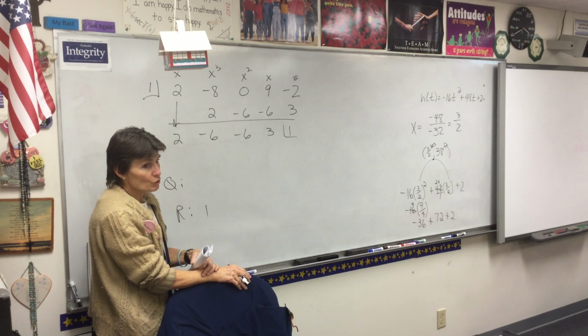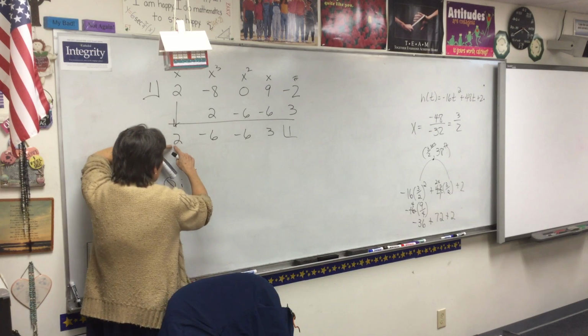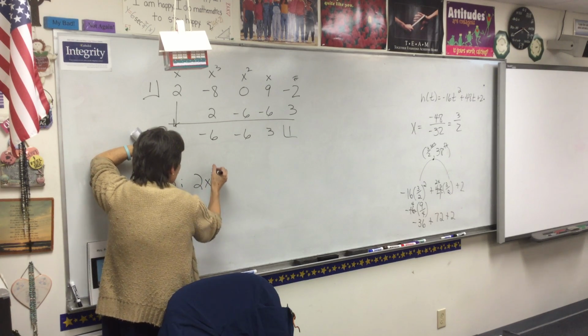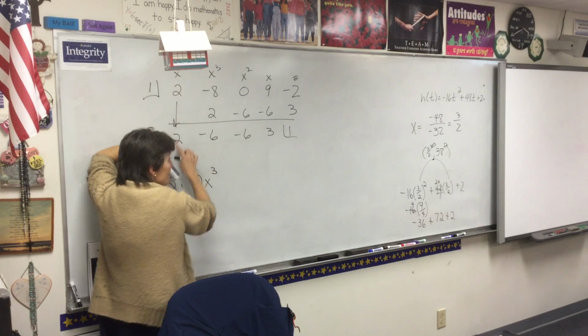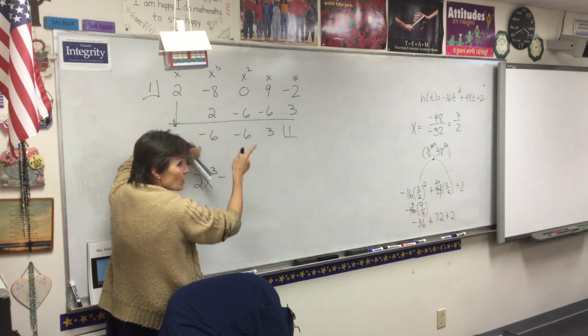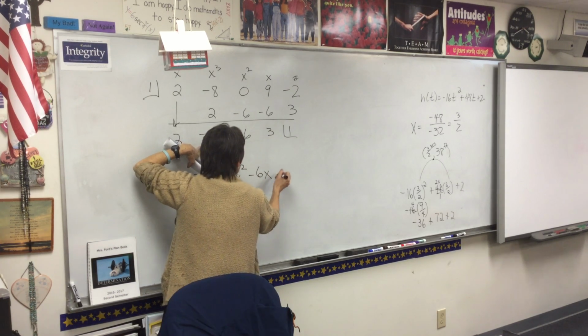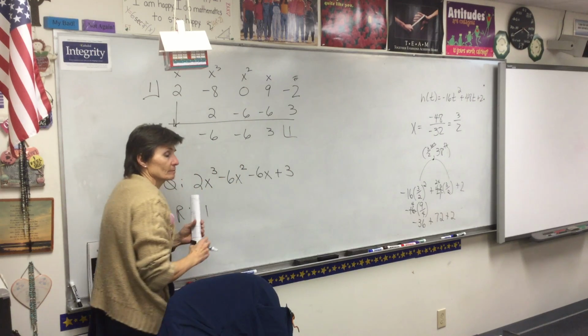Now what do you put in the quotient blank? This is going to be 2x to the 3rd. 1 less than the original problem. Then it goes down, just like we were talking about. So minus 6x squared minus 6x plus 3.